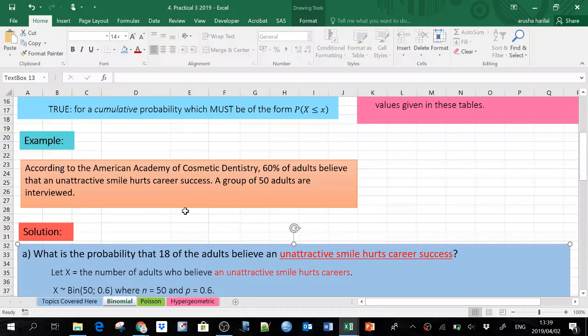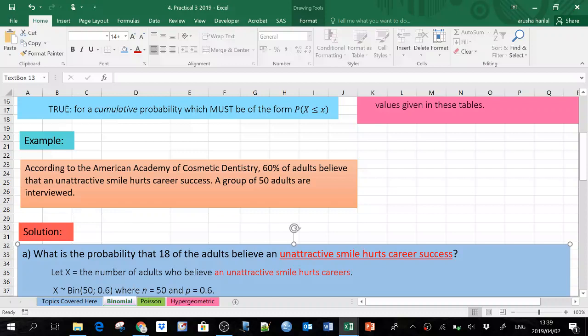According to the American Academy of Cosmetic Dentistry, 60% of adults believe that an unattractive smile hurts career success. A group of 50 adults are interviewed. So very quickly, let's try and determine what distribution this is. They have given you a probability. A probability can be represented as a percentage, so this is going to be 0.6.